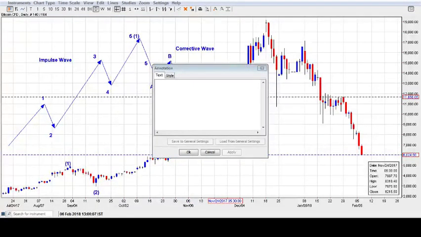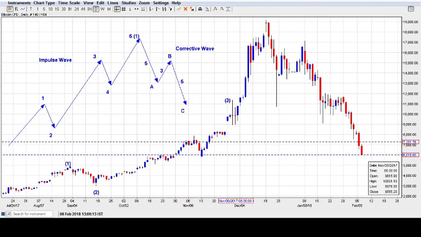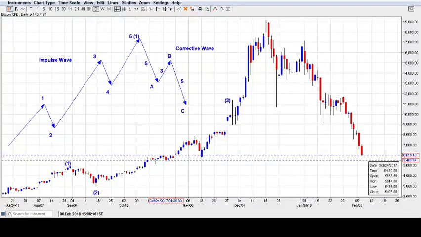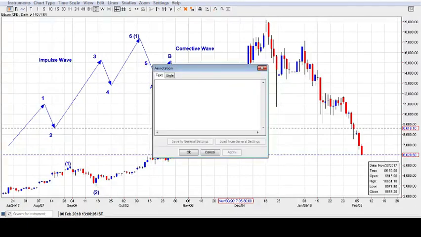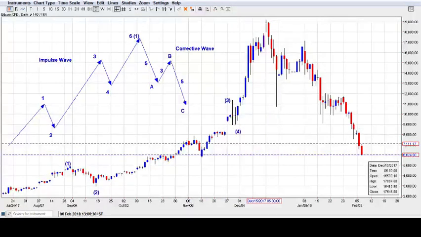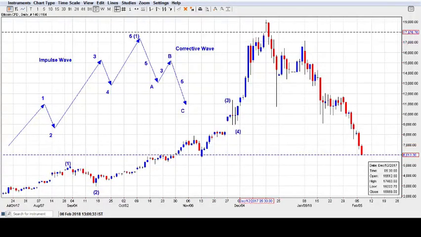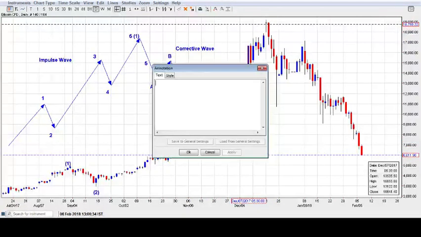Could be labeled as the third wave or wave 4 down there, and then the rally for the fifth wave.